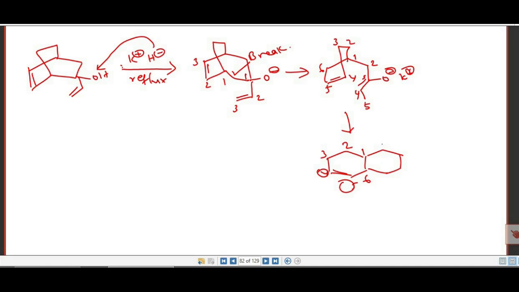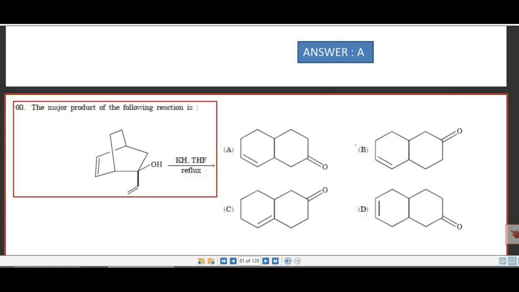Again here 1, 2, 3. Here we get one O minus and one double bond here. So 4, 5, 6. And this will be the cyclized product. This on keto-enol tautomerism gives a double bond, O, and this double bond here. So the correct answer is D.